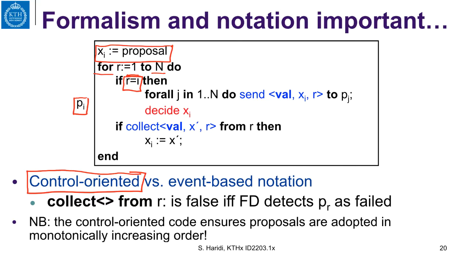Then what I do here is that I send a message to all processes. This corresponds to the best-effort broadcast. And I send my current proposal and my rank. Once I do that, I do a decide.